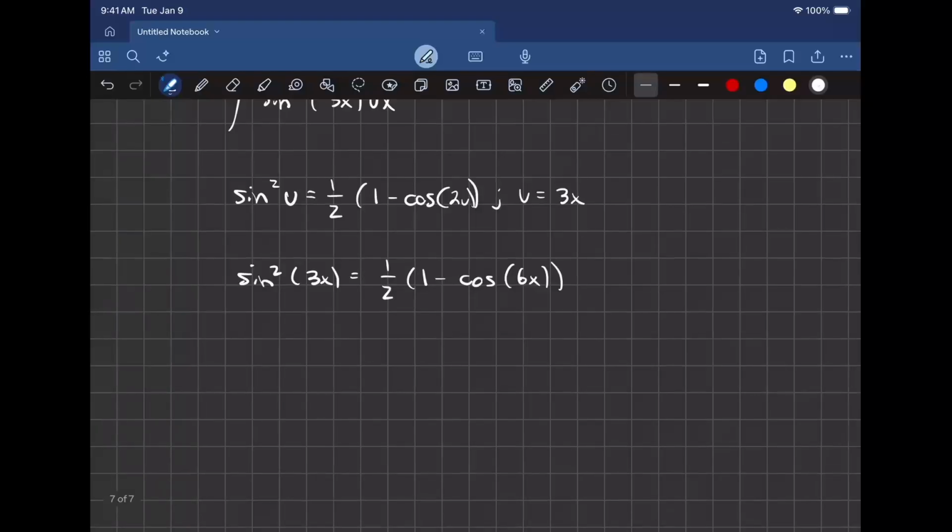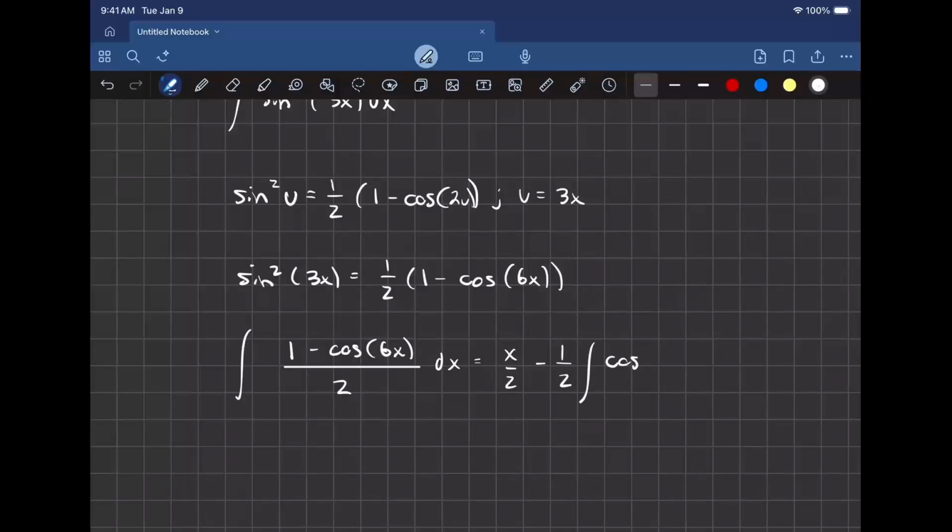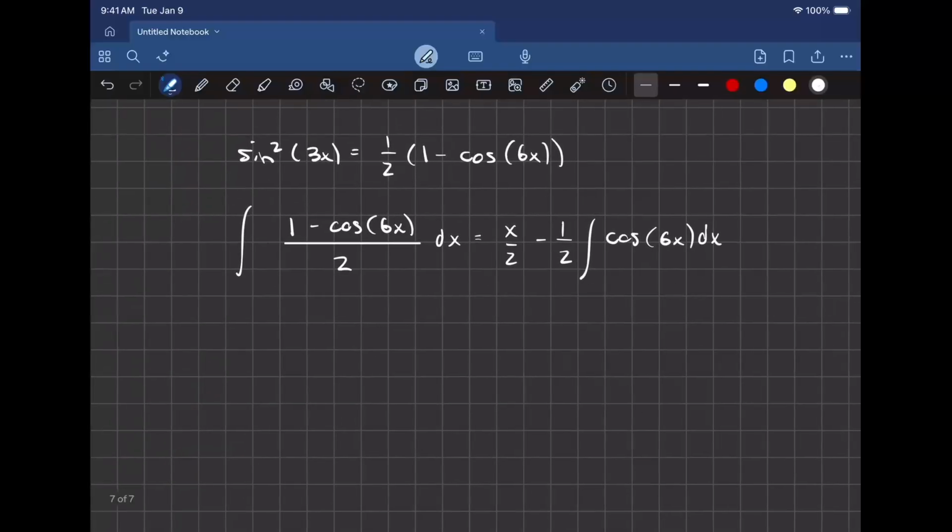Now this is super nice to integrate, so we'll have the integral of 1 minus cosine 6x over 2 dx. This is just going to give us x over 2 minus 1/2 integral of cosine of 6x. You could just make a u sub here, let u equal 6x.